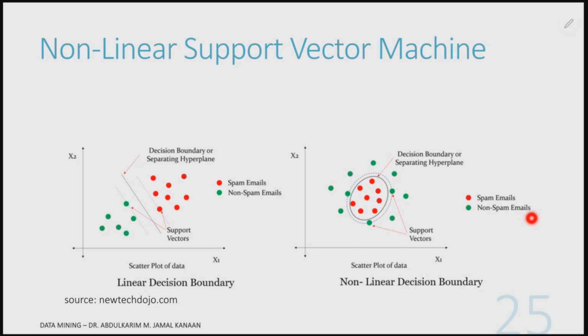Our decision boundary should be nonlinear, not straight, in order to distinguish between the red and green classes. So red represents spam emails, green represents non-spam emails. So support vector machine can also work on nonlinear problems. Later we discuss how.